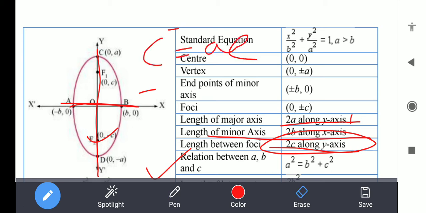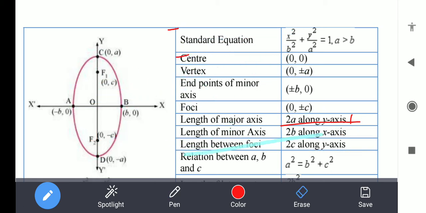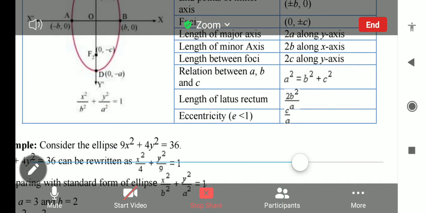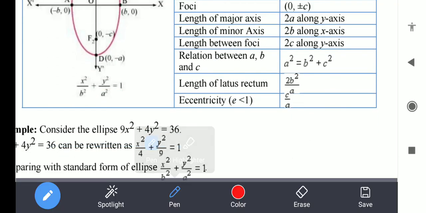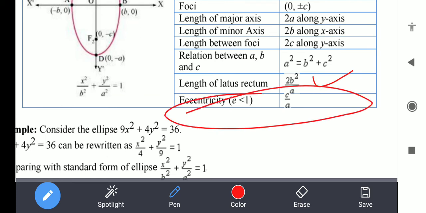Don't forget, c is equal to ae, where e is the eccentricity of the ellipse, which is less than 1. The length of the latus rectum is 2b square upon a, and the value of eccentricity is c upon a. But in this case, the general equation is x square upon b square plus y square upon a square is equal to 1.